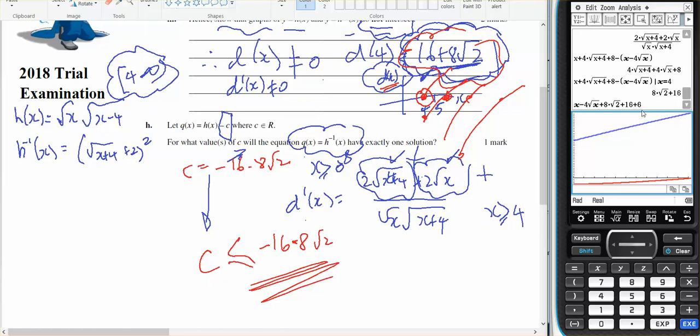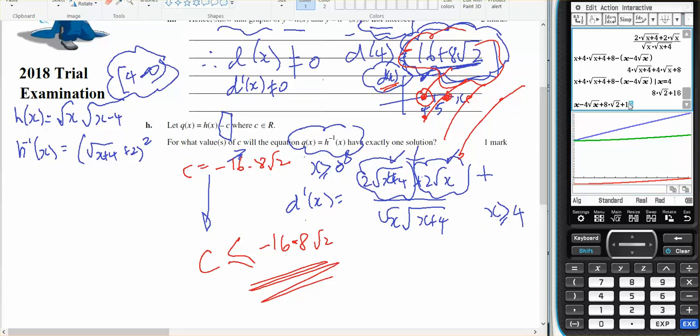So if I took my bottom graph and I added 8 root 2 plus 16, and I graphed my original plus 8 root 2 plus 16, I end up with one intersection point, which is what's saying c equals minus 16 minus 8 root 2, because I got this minus c here. I need c to be a negative value for the graph to go up.